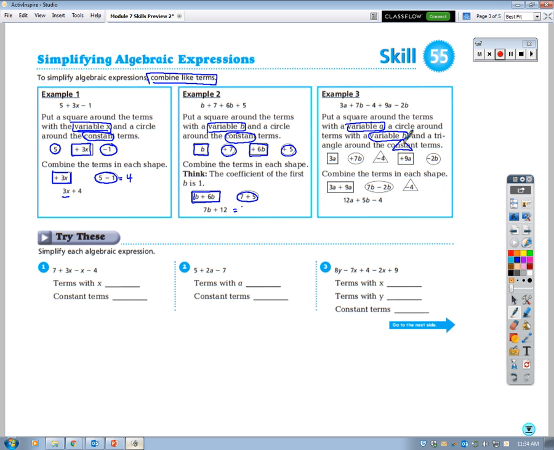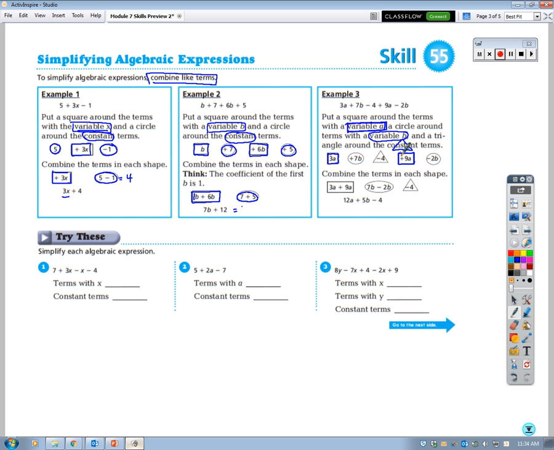Now it doesn't really matter what shapes you use for which, as long as you are consistent, okay? So looking at our variable a's, we got 3a, so positive 3a. I'm going to find another a. We got a positive 9a.